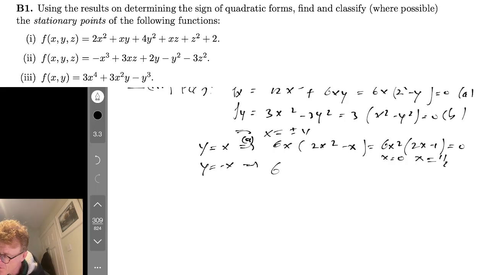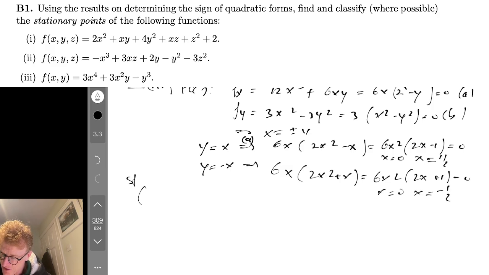This gives us 6x squared plus x is 6x squared, 2x plus 1 is 0, so x is 0, x is minus half. So stationary points 0, 0, half, half, and minus half, half.